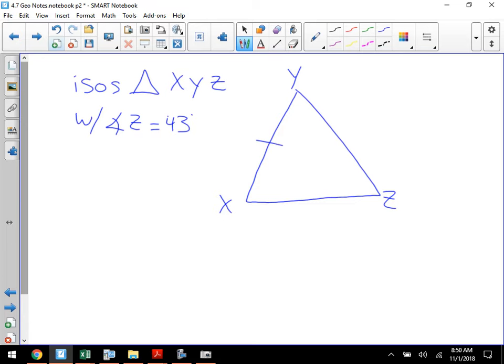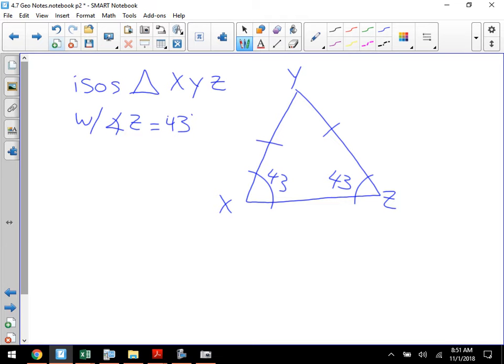Good. Those are the two sides. What are the two angles that have to be the same? Z and X. Good. They look at each other. And if I know that Z is 43, what's X? 43. What do you do to figure out Y?